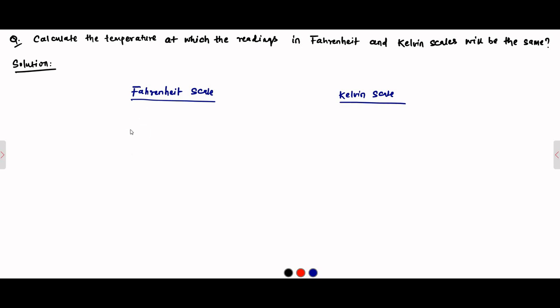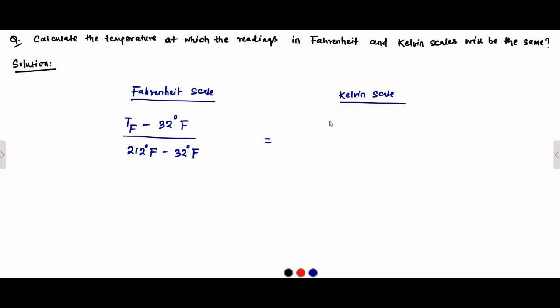A particular reading in Fahrenheit scale minus the lower fixed point in Fahrenheit scale, which is equal to 32 degree Fahrenheit, by the upper fixed point 212 degree Fahrenheit minus 32 degree Fahrenheit, the lower fixed point, is equal to the Kelvin scale.